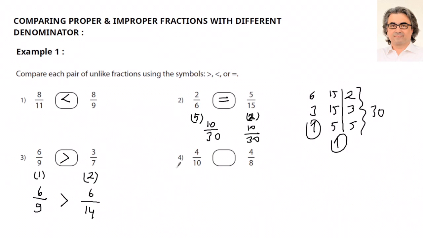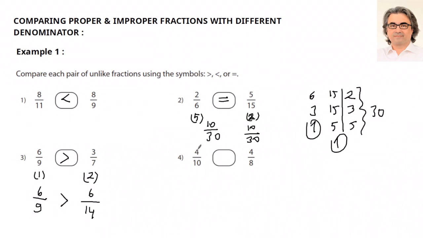What about here? The last example. Numerators are equal to each other. If numerators are equal to each other, we should compare denominators. And the fraction whose denominator is greater than the other's denominator will be the smaller one. Okay.